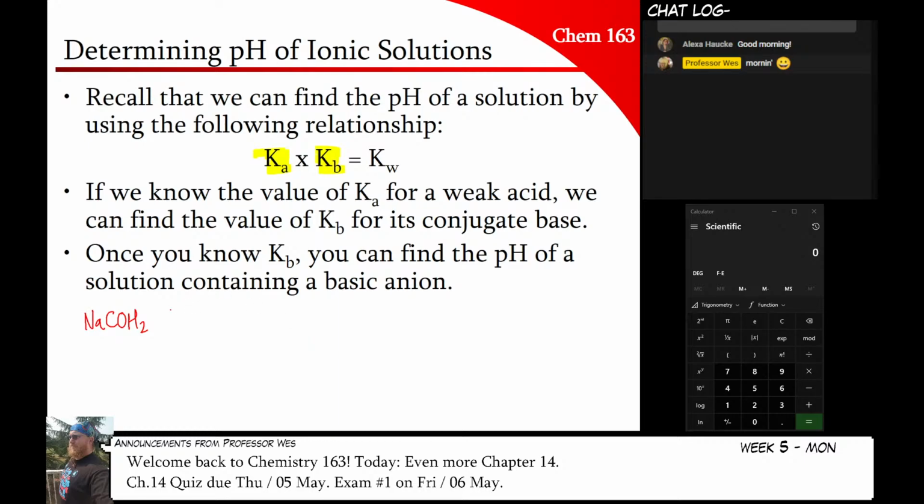And you're like, well, okay, so I have formate, but I don't know Kb, because it's not in the table. But what I do know is that if I have formic acid, and I know its Ka, that is in the table. In fact, I have this one memorized for some reason. I don't know why.